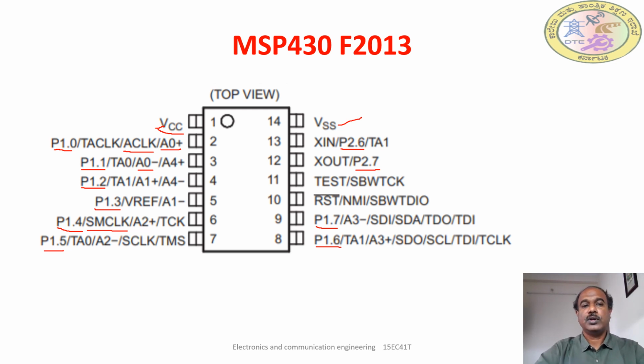For each analog input to this A to D converter in the F2013, we have to give 2 inputs, which is called a differential analog input. A0 plus and A0 minus together constitute one analog input channel. Similarly we have A1 plus and A1 minus, the second analog input for the ADC.